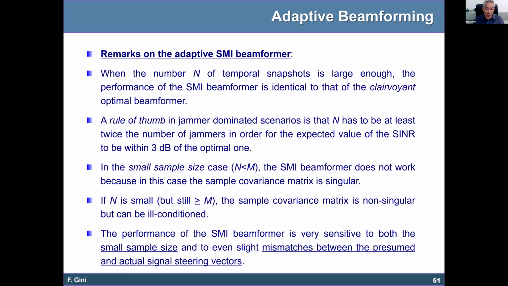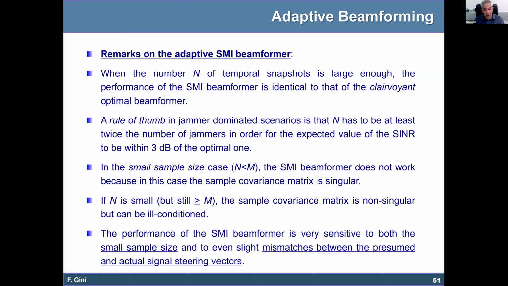When the number of temporal snapshots is large enough, the performance of the sample matrix inversion beamformer and of the Capon beamformer tends to the performance of the clairvoyant optimal beamformer. So if n is large enough, the adaptivity loss is negligible, and Capon and sample matrix inversion beamformers tend to have the same performance.